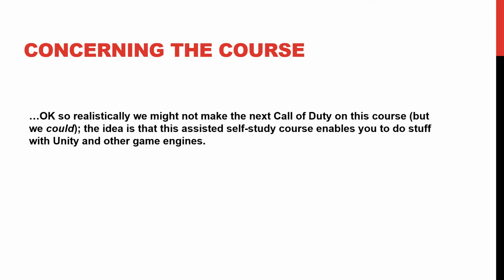So realistically, you are not going to be making a commercial game on this course, but we are giving you all the tools, the information, the possibility to practice with the tools that can be used to make an actual commercially viable, very successful game.